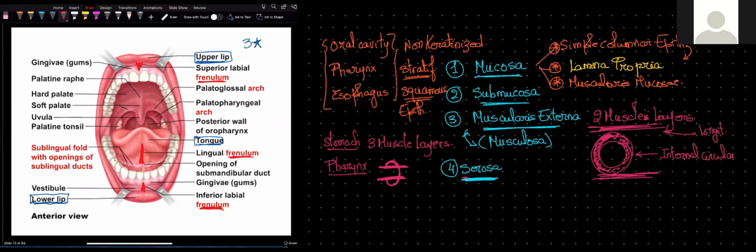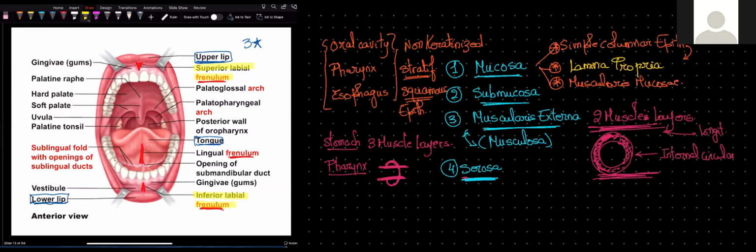So what do we call the one that attaches the superior or upper lip? It is the superior labial frenulum. Labial relates to the lips. How about the one that attaches the lower lip to the mucous covering of the mandible? It is my inferior labial frenulum.